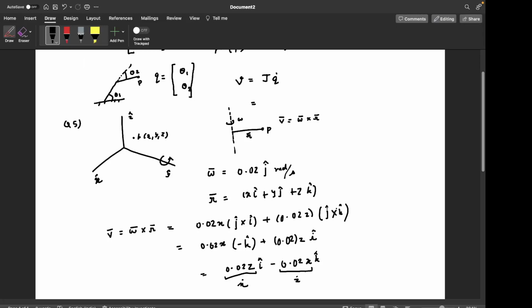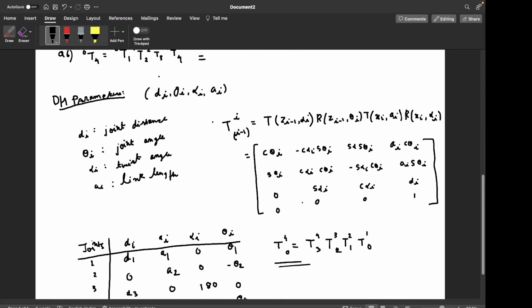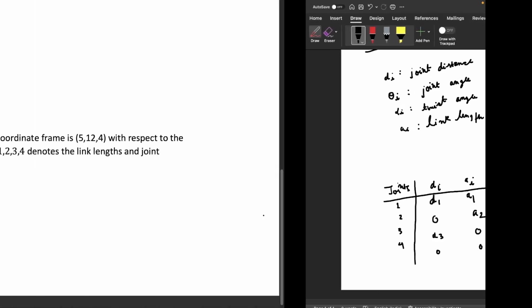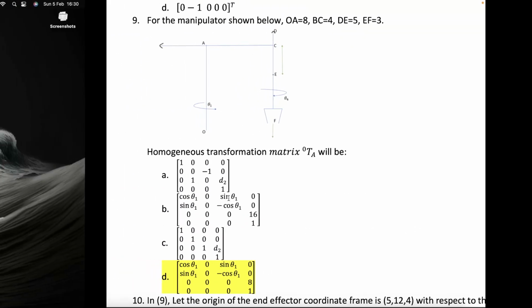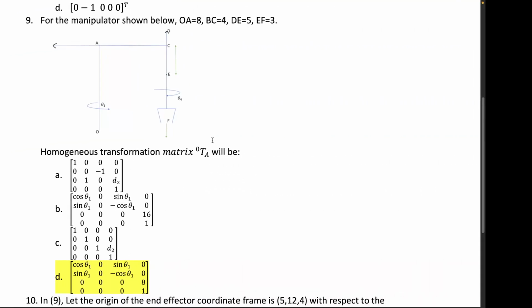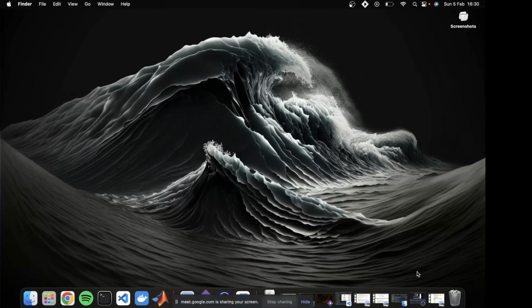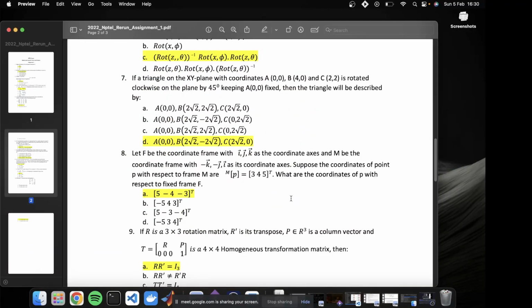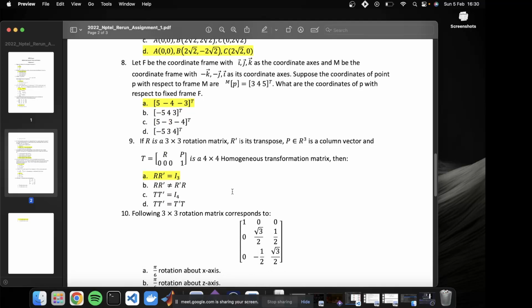What was the question based on? They're asking the inverse of a transformation matrix. If R is a rotation matrix and P is a column vector... Okay, I think you might not have joined at that time. We solved a similar question which was in previous year assignments also.